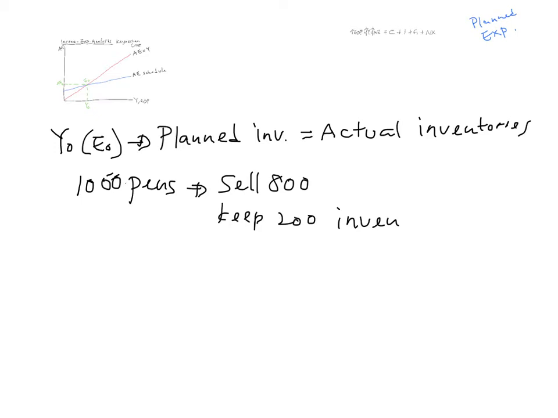You just keep it in your warehouse just for emergency. Okay, that's what you plan to do. That is your planned investment. You plan to produce 1,000, sell 800, and keep 200 as inventory. And it turns out that is exactly what happens. Customers buy 800 and you keep 200 in the warehouse.